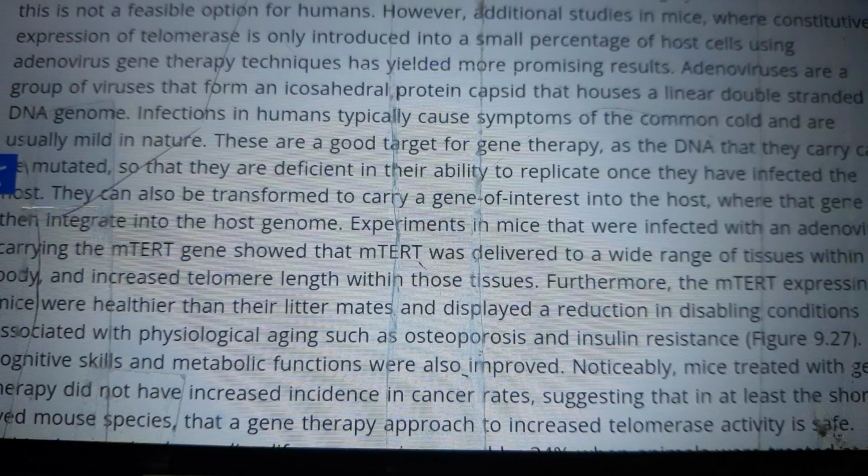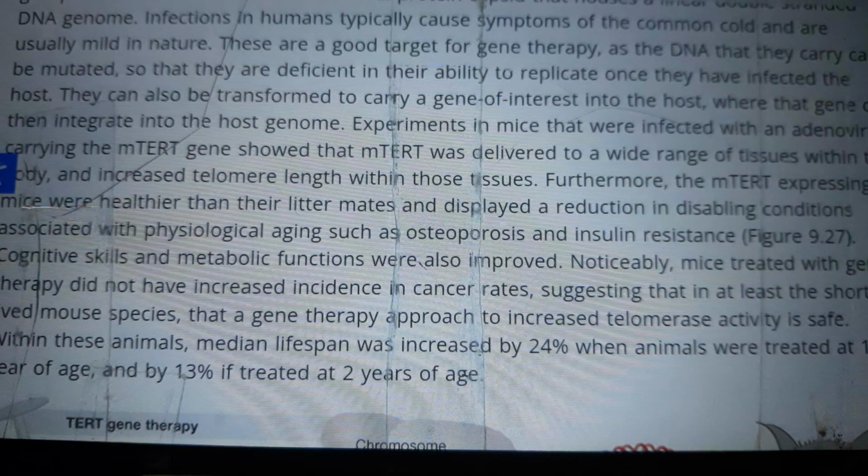These are a good target for gene therapy as the DNA that they carry can be mutated so that they are deficient in their ability to replicate once they have infected the host. They can also be engineered to carry a gene of interest to the host, but the gene can then integrate into the host genome.